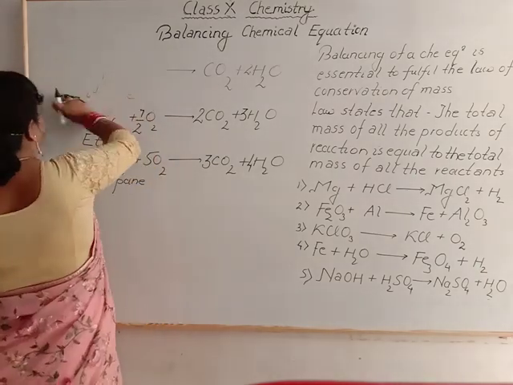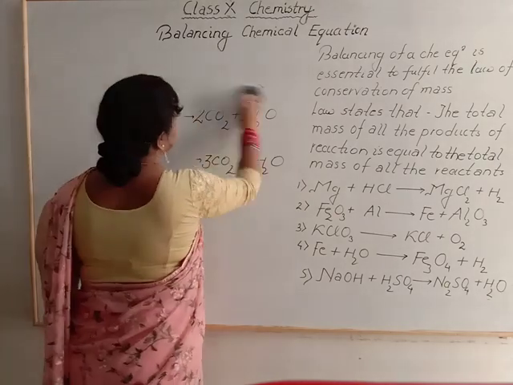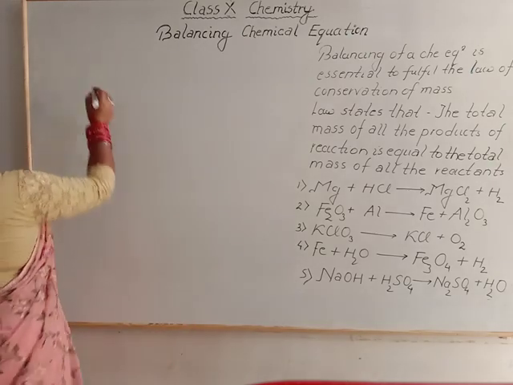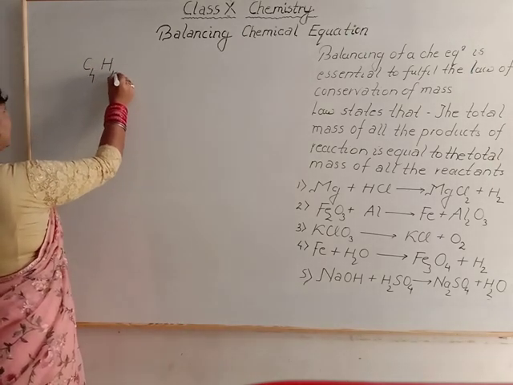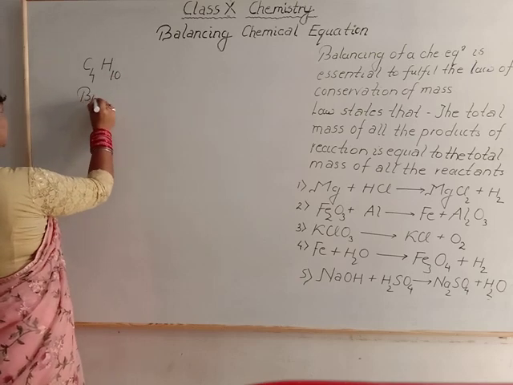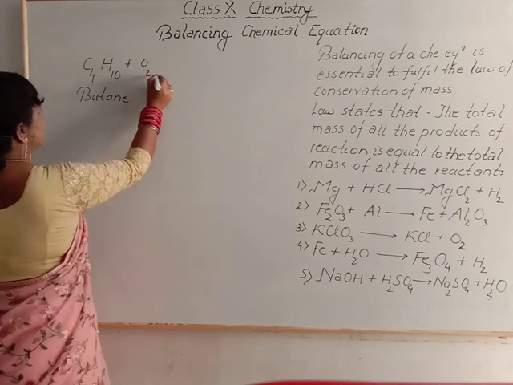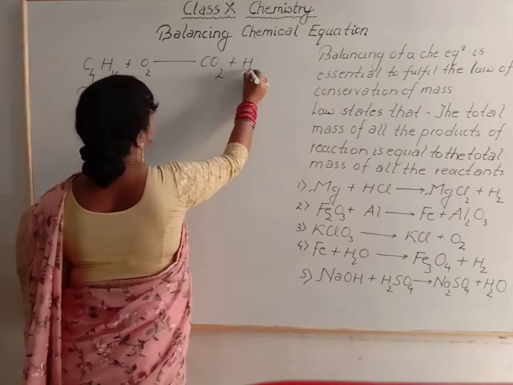Okay. Now see the case of butane. What's the formula of butane? C4H10. This is butane. Now again in presence of oxygen, it gives carbon dioxide and water.